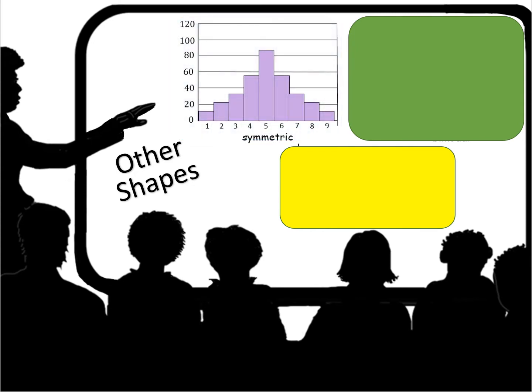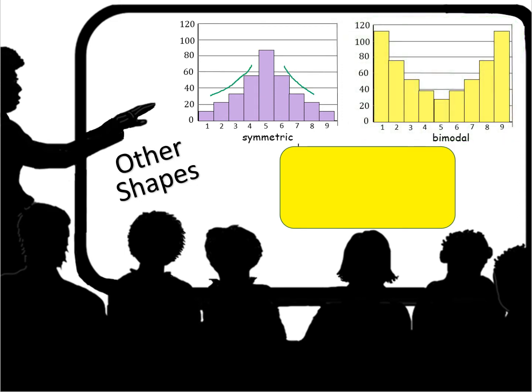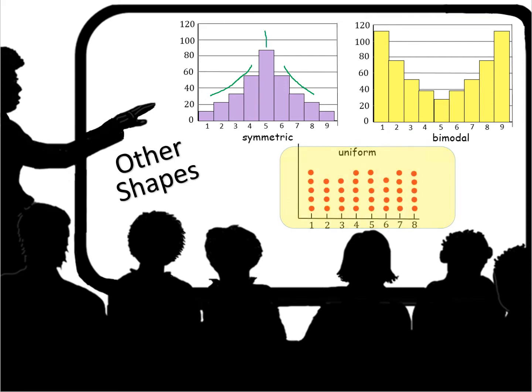When it is symmetric, both sides are about the same, and there's one larger in the center, so it's going towards the center, or away from, however you want to look at it. You have your bimodal, and the way you can tell bimodal is you've got like towers.